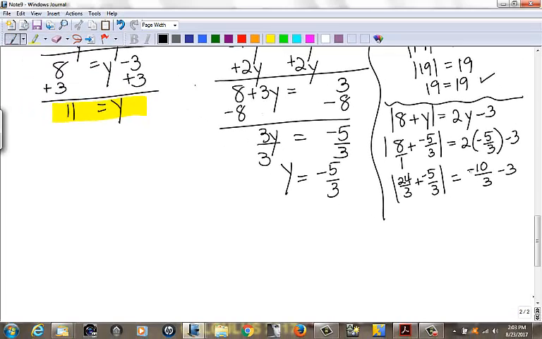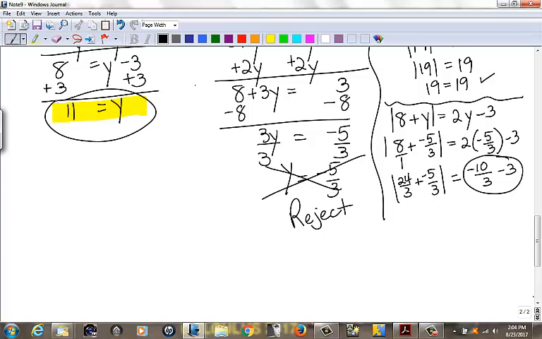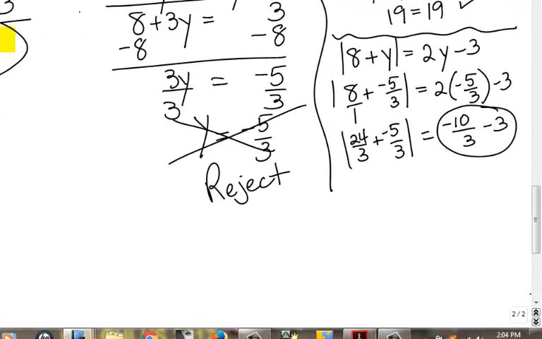Do you have to finish it? Can this absolute value be negative? No. Reject. There's only one answer. So that is not an answer. This is our answer: y is 11. It's because this absolute value cannot be negative, so I don't even have to finish it.